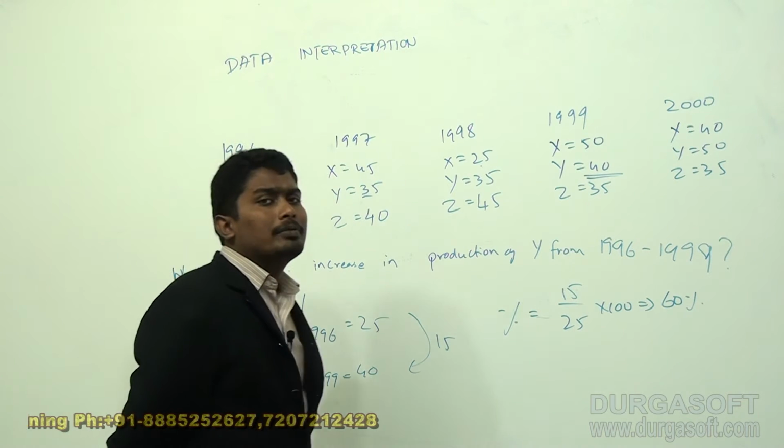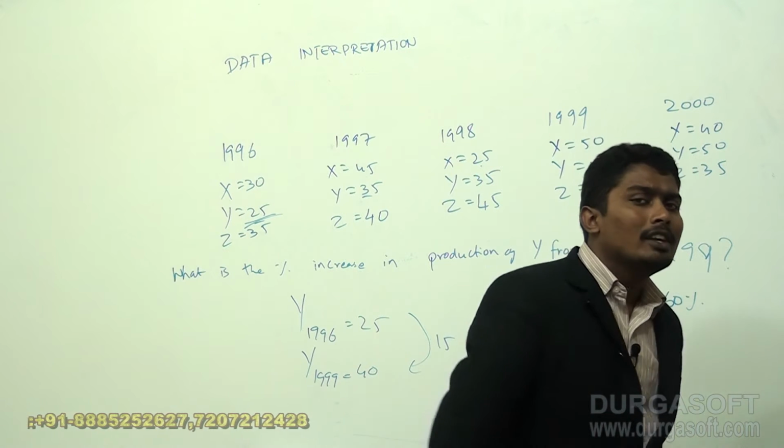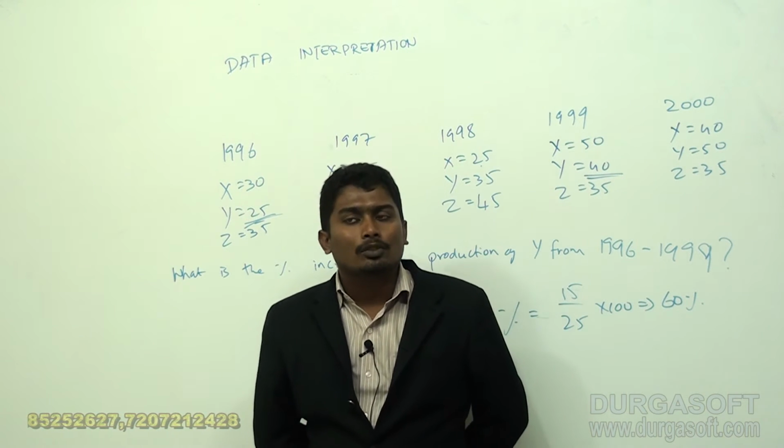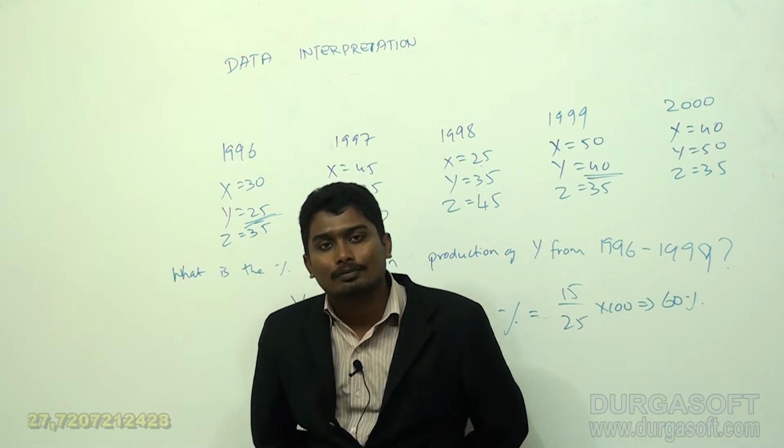To become quicker with the calculations on data interpretation, you must be quick with calculation on percentage and ratio proportion. So practice more and more problems on percentages so that you will become quicker on this topic.